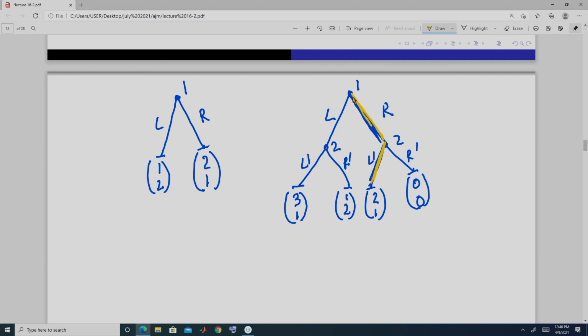This path is the backward induction outcome.